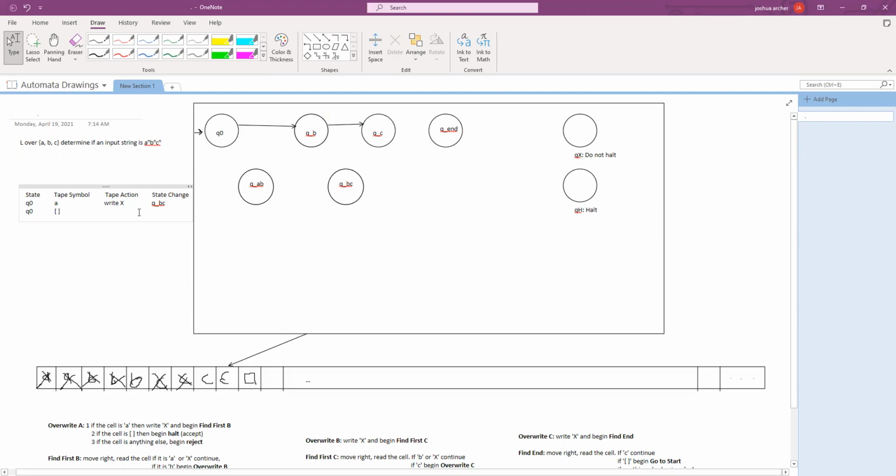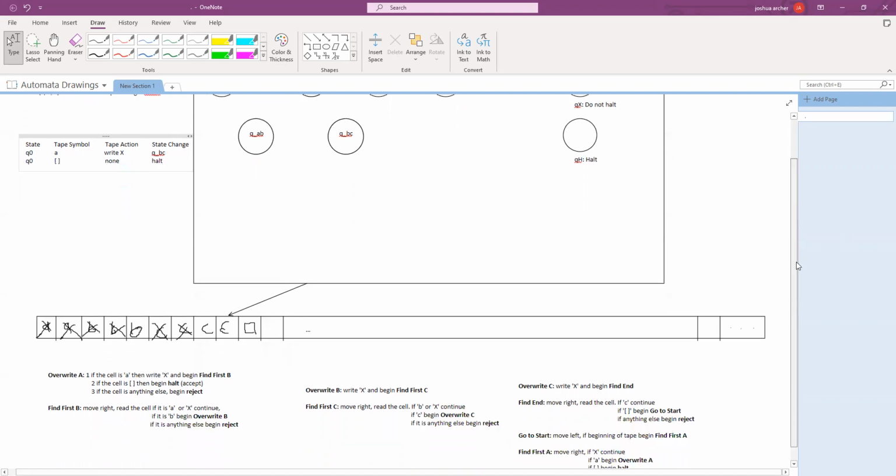I don't have to do anything. Really, the state change here is just halt. So you can have a state labeled halt, but really the action is just halt, because halt means accept. Right.